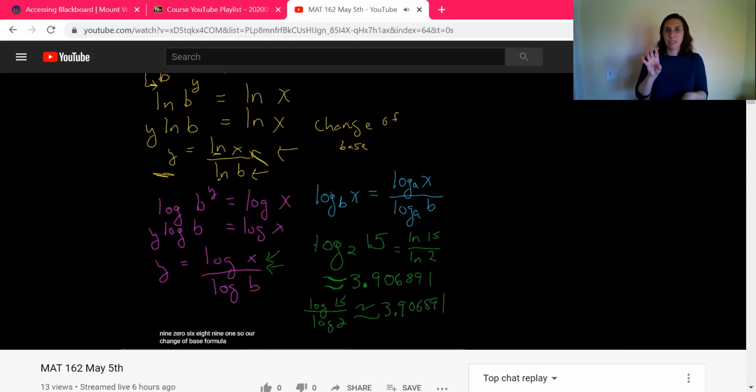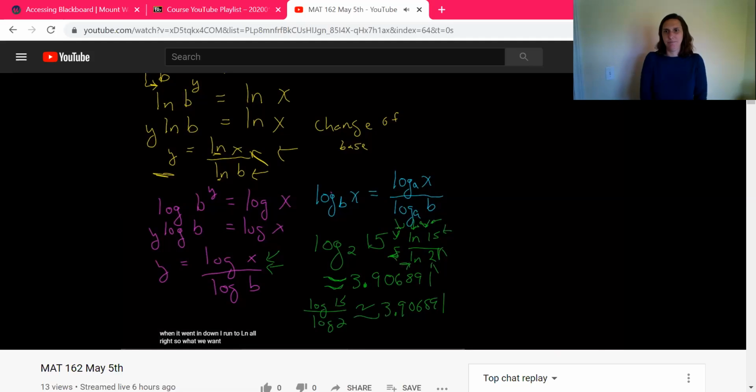So our change of base formula works for us, and it works no matter what base we choose. You will find I run to ln. When in doubt, I run to ln.